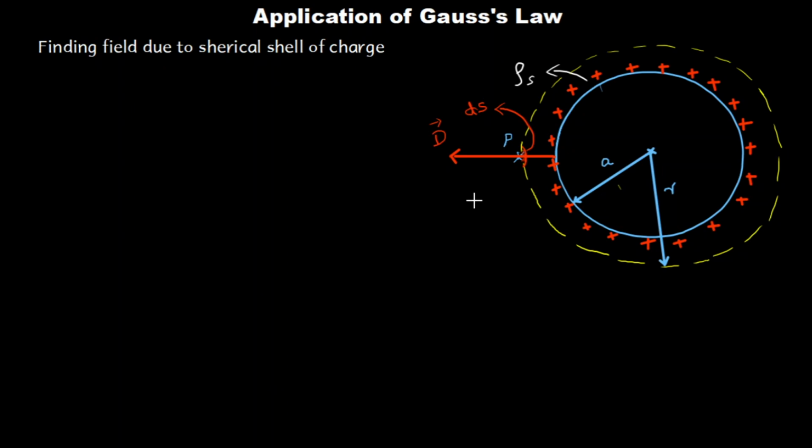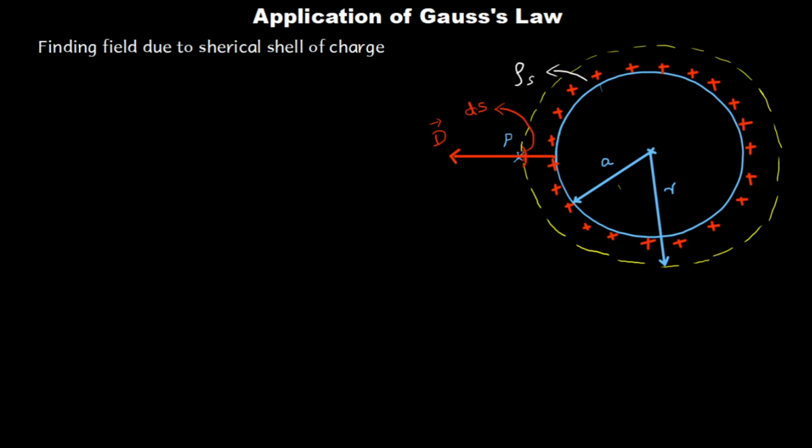So the first case which we are considering is point P outside the sphere, and we have constructed a Gaussian sphere passing through this point P, and we have considered a small area around this point P, and we are trying to calculate how much flux is coming out of that small area. Then we can easily adapt it to find the flux lines coming out of the entire sphere.